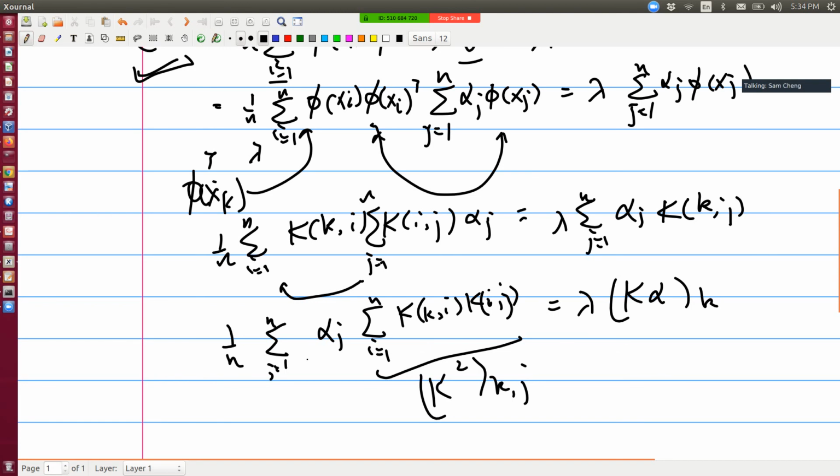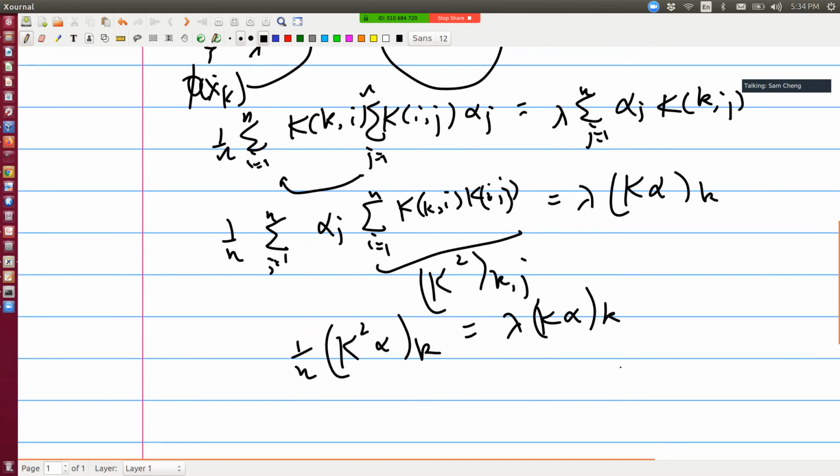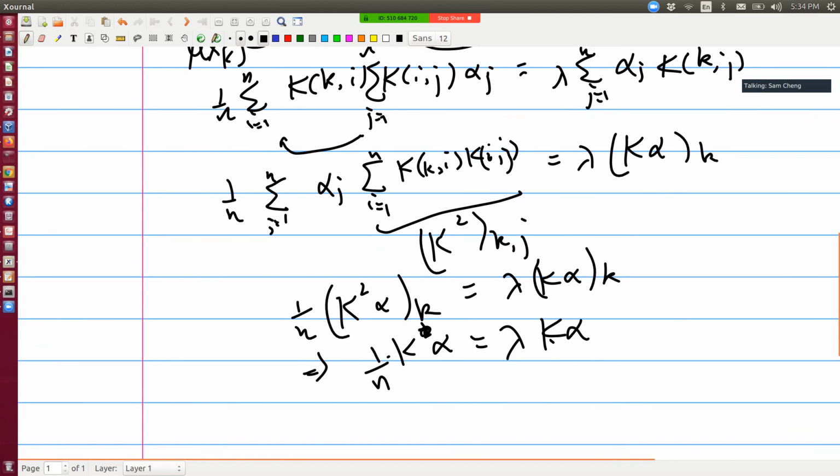So I can combine that: this is just the k-th element of K squared alpha. Therefore it just means that K squared alpha times 1 over n equals lambda K alpha, or you have K alpha equal to lambda alpha.